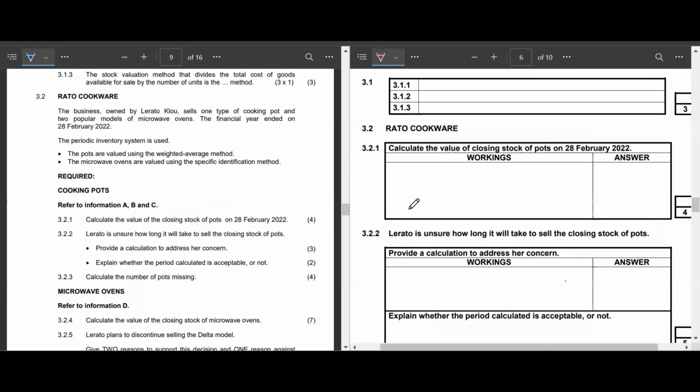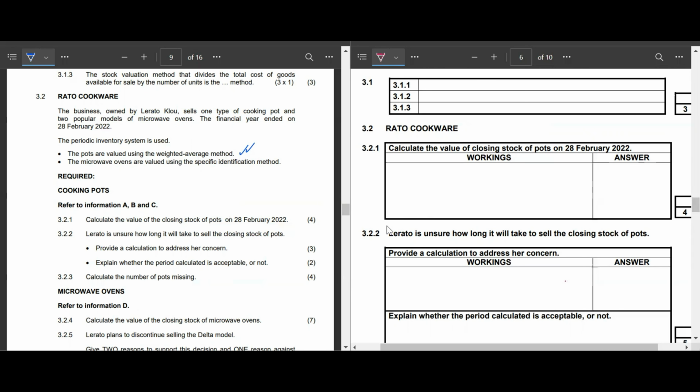3.2.1. The question reads, calculate the value of closing stock of pots. In this question, they are using the weighted average method. As you can see at the top, the pots are valued using the weighted average method.